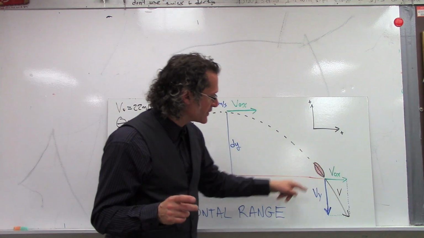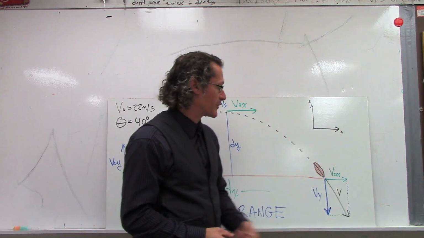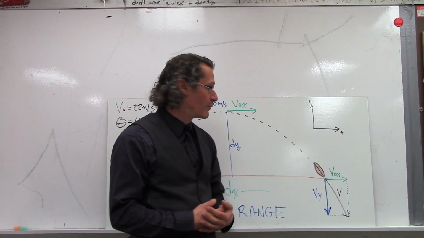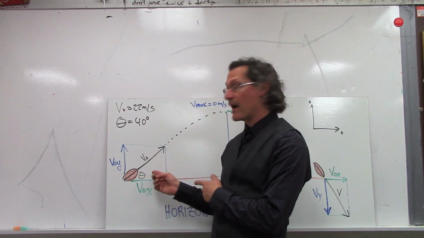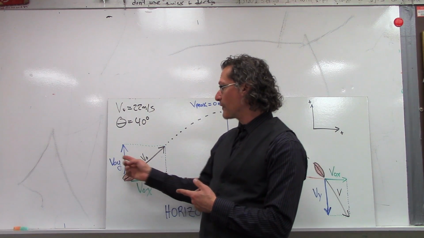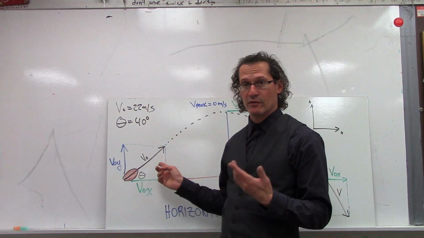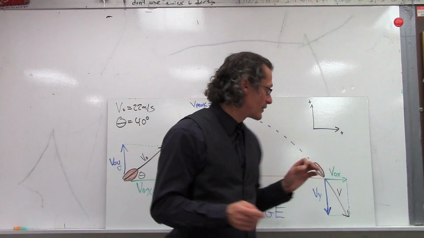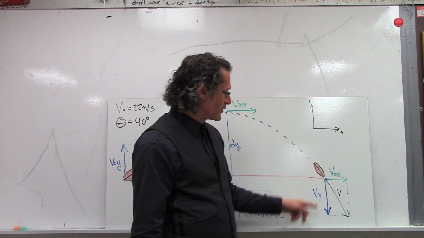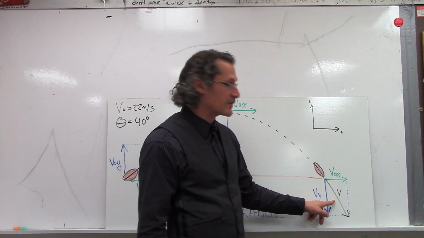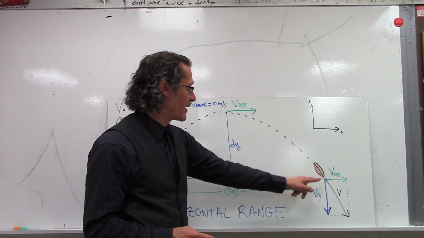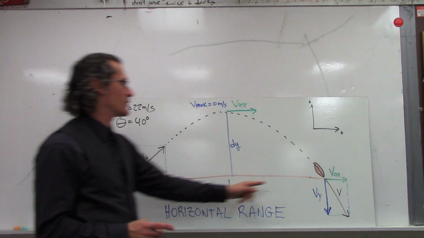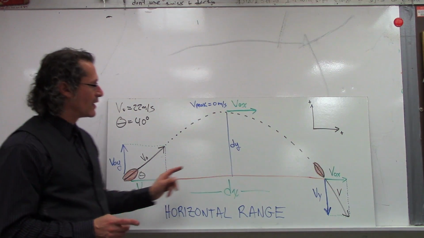Down here it lands, and we have, again, some components. Before, we had the components and we got v. Over here we're doing the opposite. We are going to find the components from our initial velocity v naught here. It turns out that v has the same value as long as we kick the ball and land at the same height. So this is 0 meters here, if we want to make that our reference.